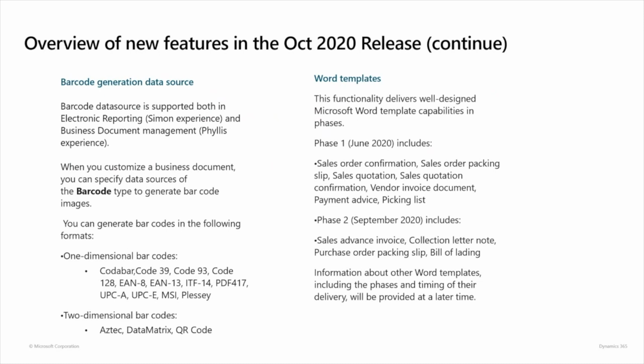So we have started to release Word templates for business documents, and as of now, we have released 12 templates from Microsoft. And we are working on delivering other templates, so stay tuned. We'll have more news on this as we progress.